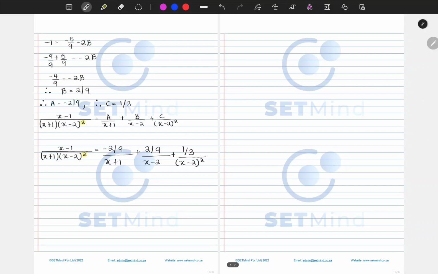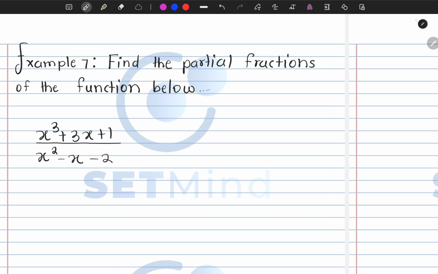So let's go to example number 7. Let's have a look at example number 7. For example number 7, we are required to find the partial fractions of the function below, which is x cubed plus 3x plus 1 divided by x squared minus x minus 2.